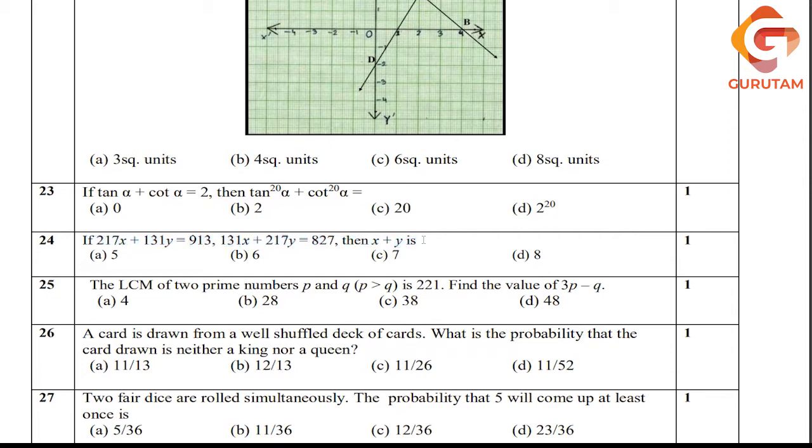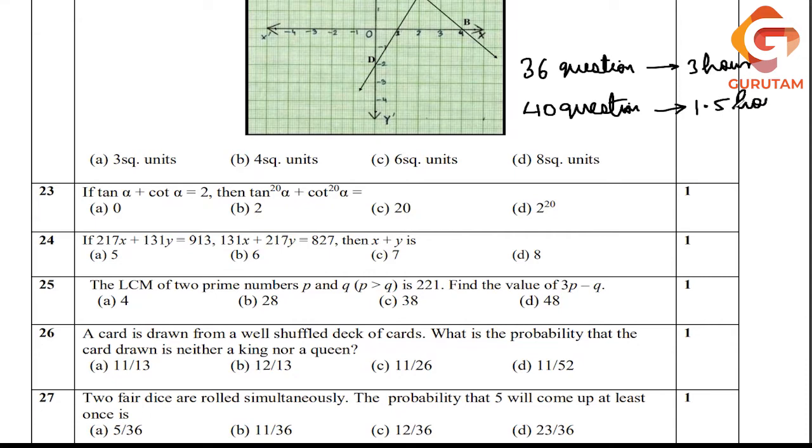Earlier you got normally 36 questions. Okay, I will just write it down here. Earlier you got how many questions? You got 36 questions. And what was the time limit? The time limit was 3 hours, right? Now the problem is you need to attempt 40 questions in just 1.5 hours.